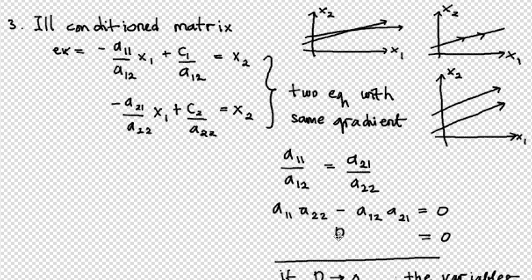So if we have the determinant equal to 0, then our matrix will be an ill condition matrix. If we have this third condition, then we have no solution, we cannot find the solution. But if we have these two conditions, we still can find a solution, even though it is not so obvious.